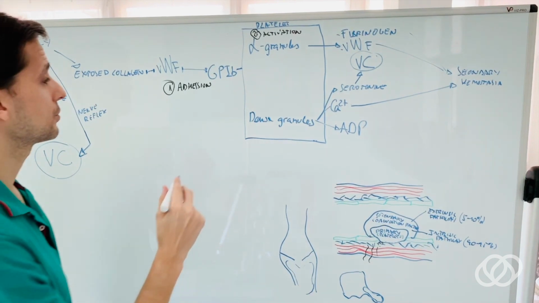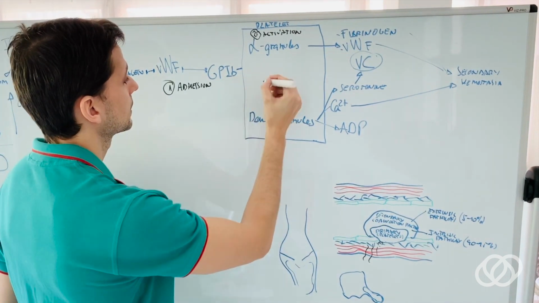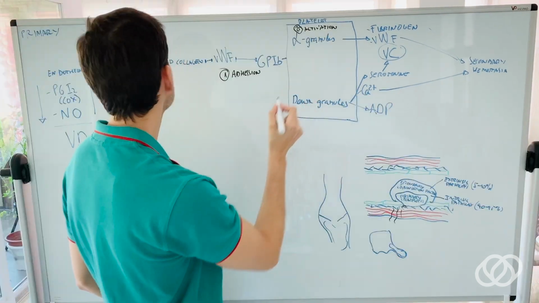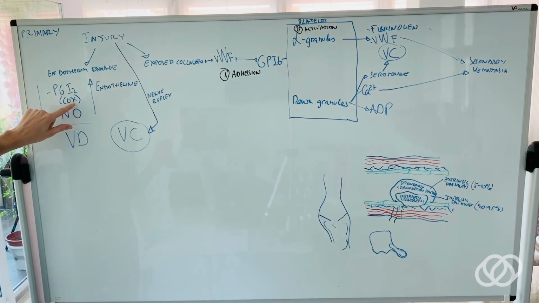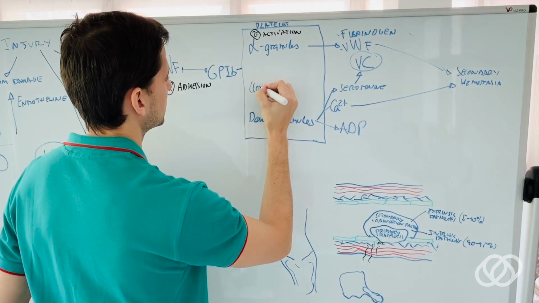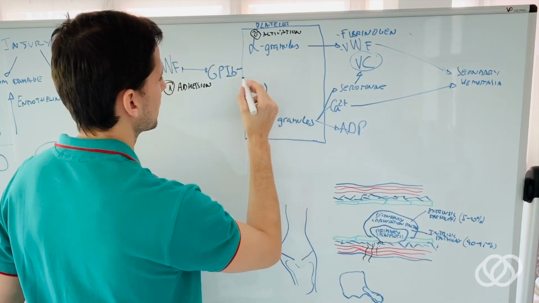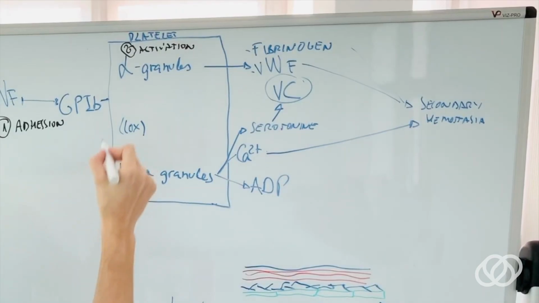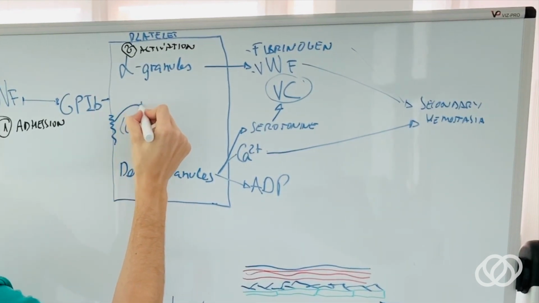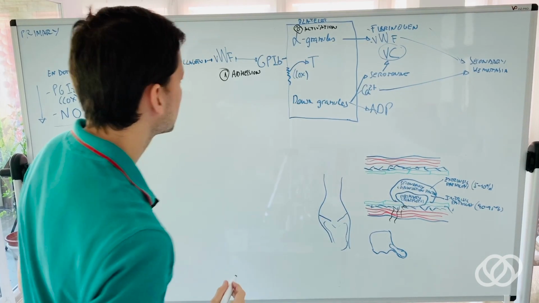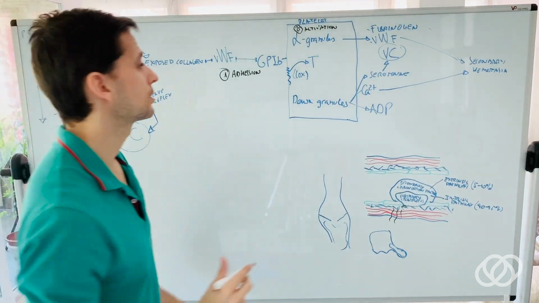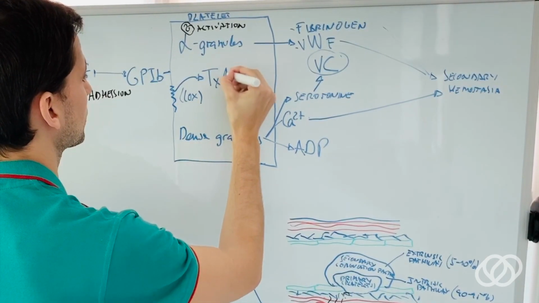But before, we are going to see another thing: inside the platelet, we also have the cyclooxygenase enzyme, the COX, that will transform the phospholipids of the membrane. In that case, it's not going to be a vasodilator substance. In that case, we will have thromboxane.